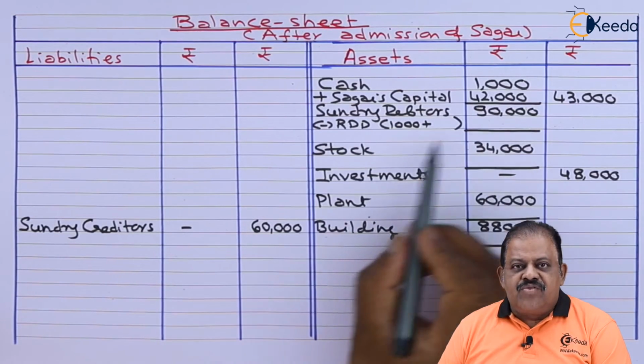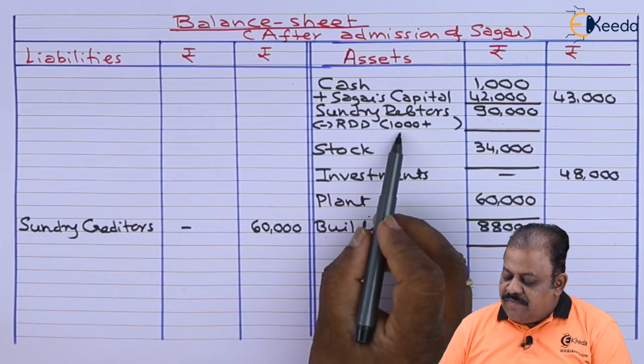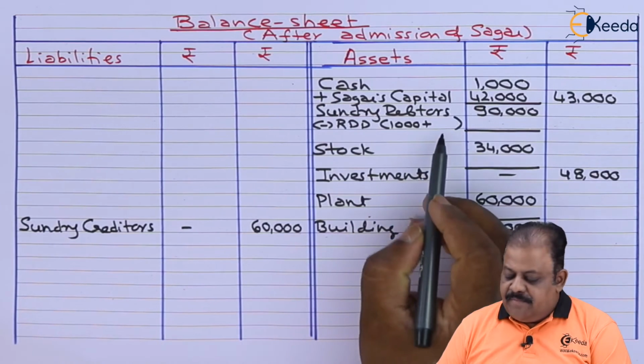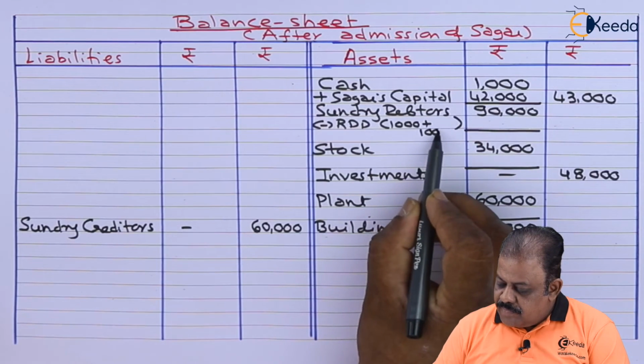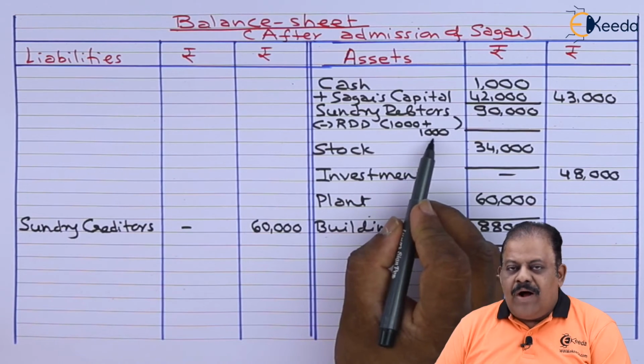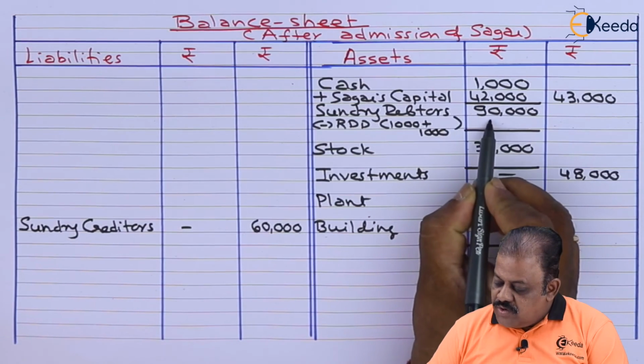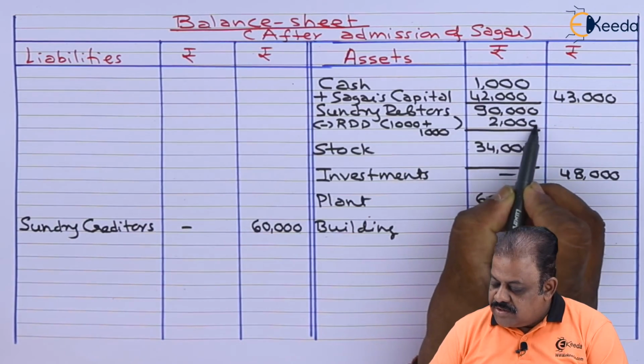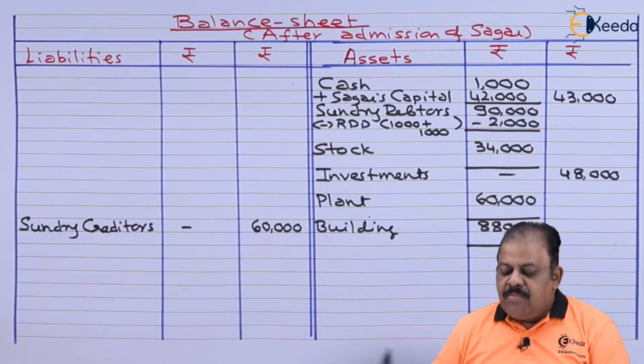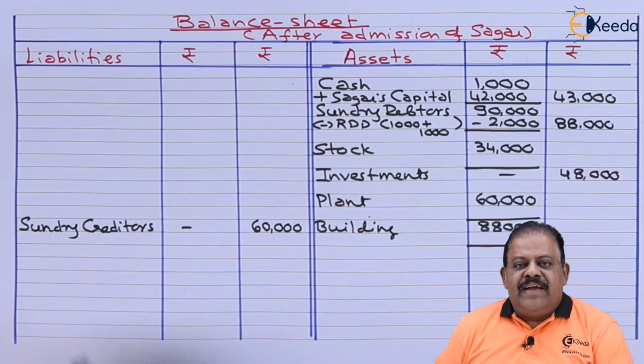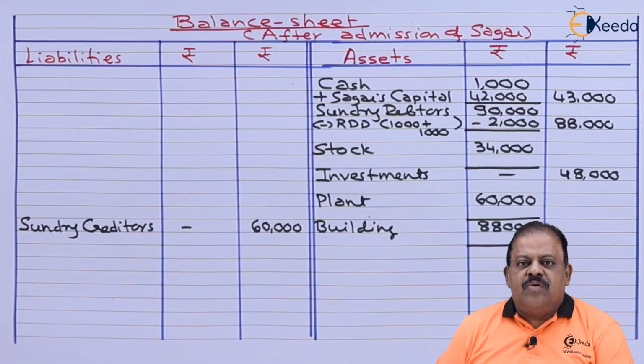Debtors we have 90,000. Opening balance of RDD is 1,000, that is old RDD. We have to add 1,000 to RDD amount, so it becomes 2,000. 90,000 minus 2,000, net debtors are 88,000 now.